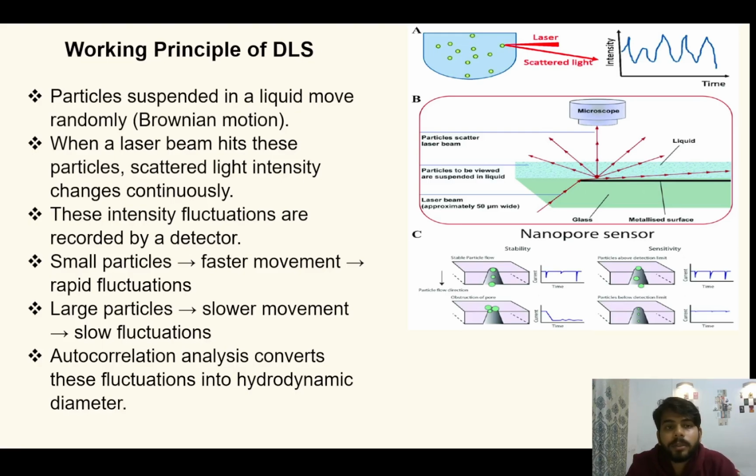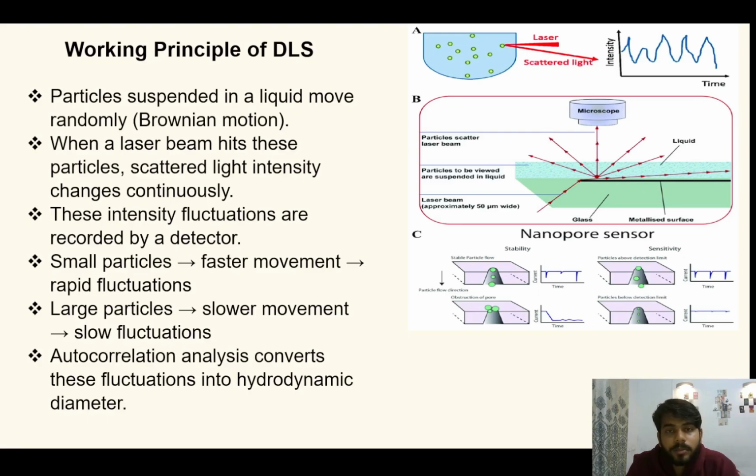The main principle behind the working of DLS is entirely based on Brownian motion and the scattering of light. Particles suspended in any liquid move randomly due to the collision of these particles with the surrounding fluid, and this motion, as we all know, is called Brownian motion. When a laser beam hits these particles, these moving particles scatter the light in all directions.